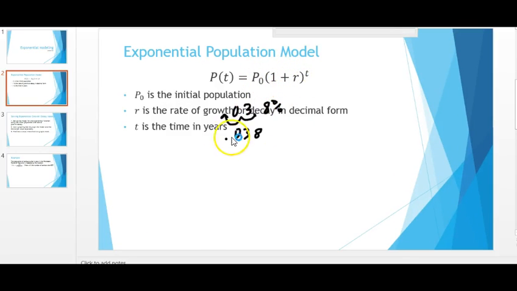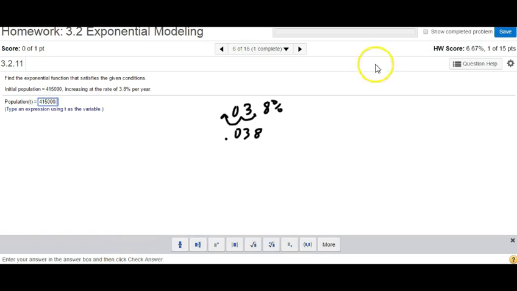So in this case, I'm going to have 1.038. So 1.038 is the 1 and the r combined, and that's the number that would be getting raised to a power. And then the exponent we'll be using is going to be based on t for time going by.